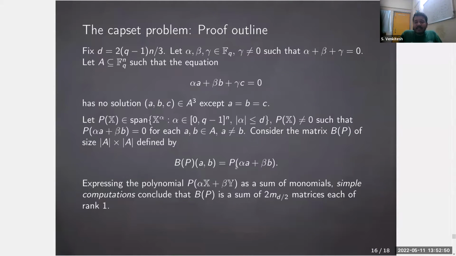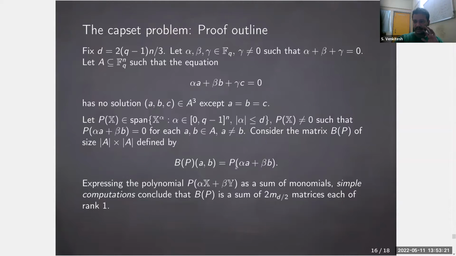This polynomial has degree at most d, which means for every monomial here, at least one of the degree in the x variables and the degree in the y variables must be at most d by 2. If both are greater than d by 2, then the total degree would be greater than d, which is not true. So in at least one set of coordinates, the degree is at most d by 2.